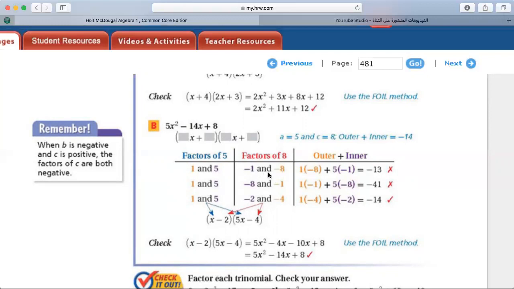Why will I give them a negative sign? Because multiplying two negative numbers will give me a positive number, and adding two negative numbers will give me a negative sum. So put it in your consideration that if I have a negative b and a positive c, I will give a negative sign to all of the factors of c.